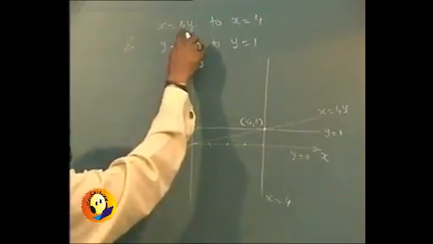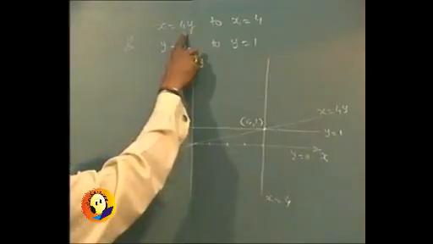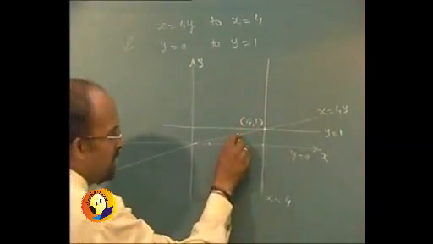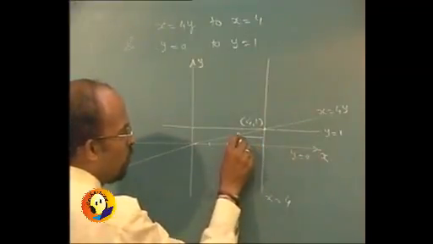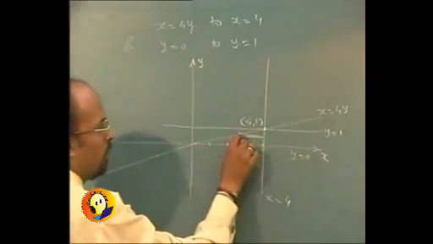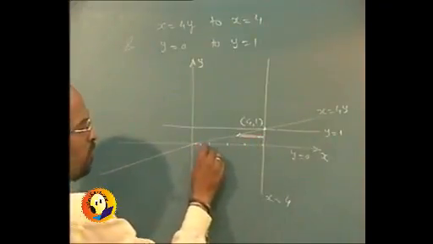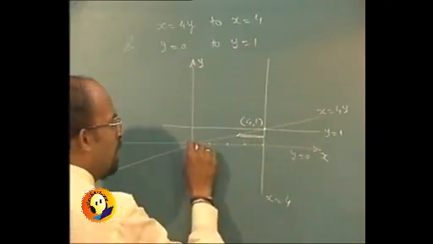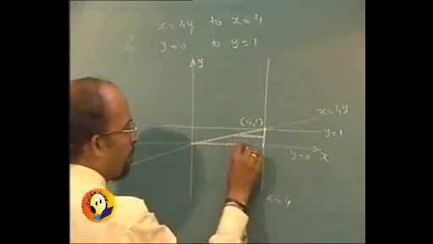This is the left value that we have. From here the strip will start and will move towards right. That means the strip starting point is x equal to 4y, and will go up to x equal to 4. This is how the strip is taken, and such strips are taken from y equal to 0 to y equal to 1. The region of integration in this case will be the lower triangle.